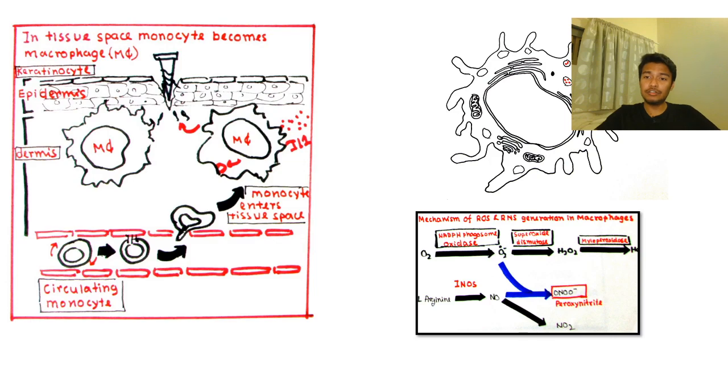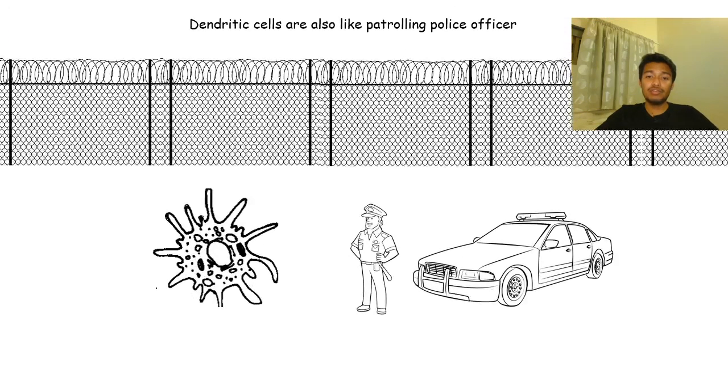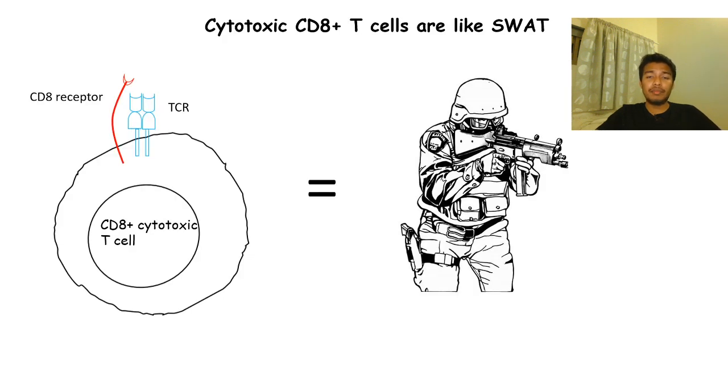They also know that, and that's why they always call for backup. What they do is secrete cytokines to call for backup. So they are pretty much similar to a police officer who is not heavily armed, but can to some extent encounter some invasion, right?